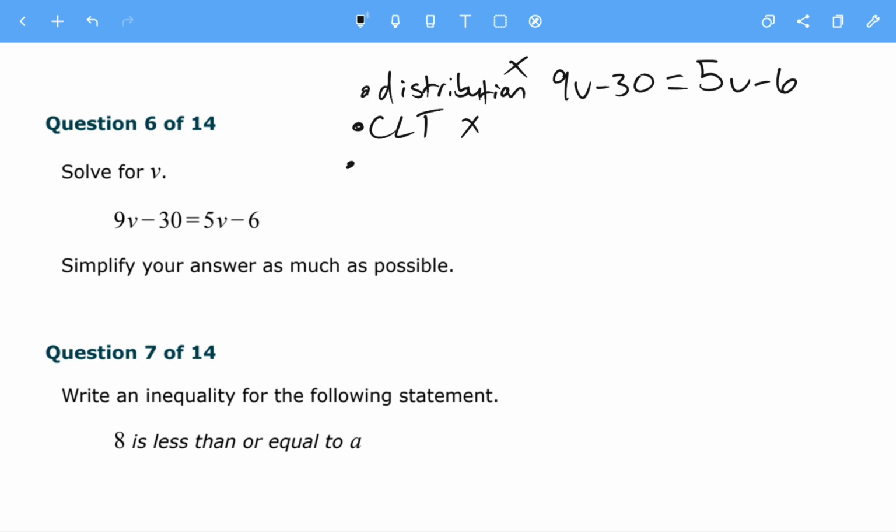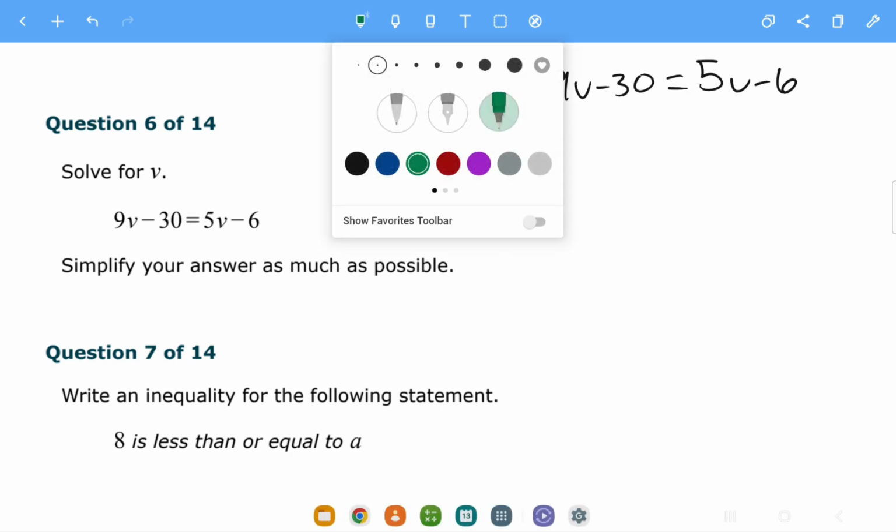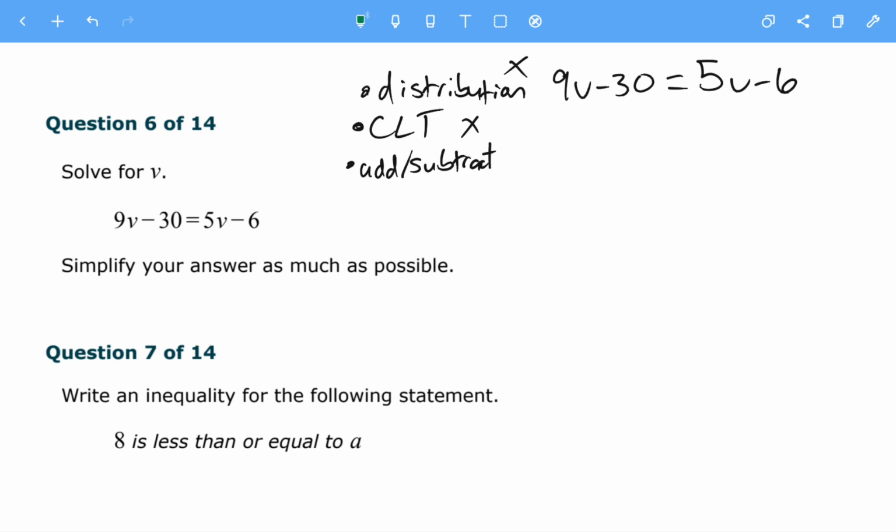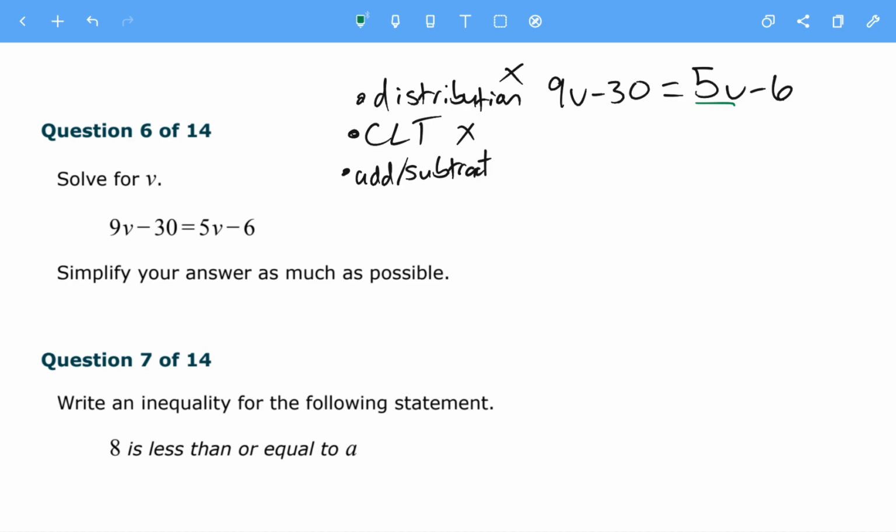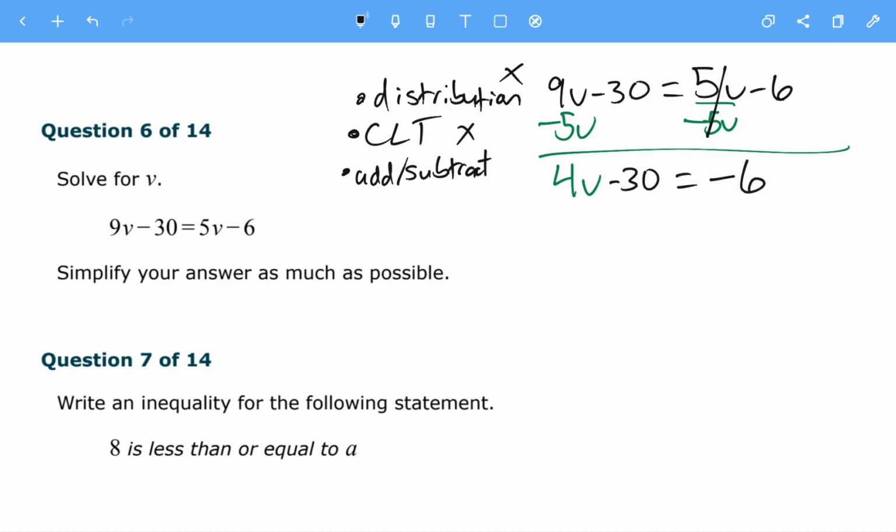So now we're going to add or subtract to get the variable alone. I want to put my variables on the left side, so let's move the 5v over to the left. To do that, I am going to subtract 5v. That gives me 4v minus 30 equals, the 5v's cancel, leaving us with -6.